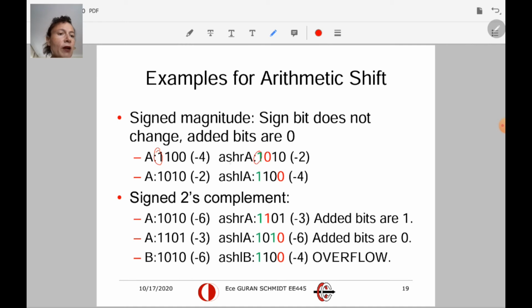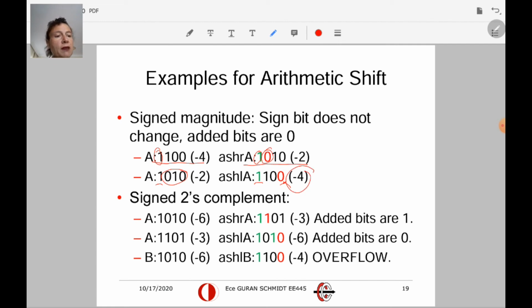And when we apply arithmetic shift right, we are inserting a 0. So what reads is a -4. Now after the arithmetic shift right, it's -2. Now here this is -2. Keep the sign bit the same, insert a 0. So I'm basically multiplying by 2, becomes a -4.